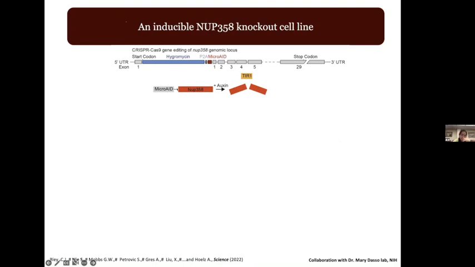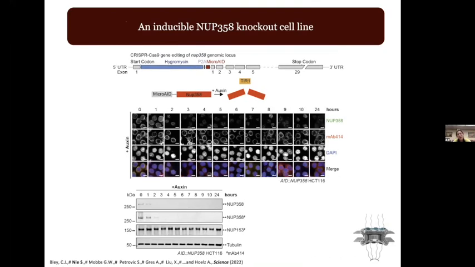They inserted an AID in front of 358, so with auxin treatment the protein can degrade in 3 hours. We tested these cell lines with immunofluorescence and Western blot and found that after 2 hours the protein is already undetectable, and at 3 hours it is totally gone.